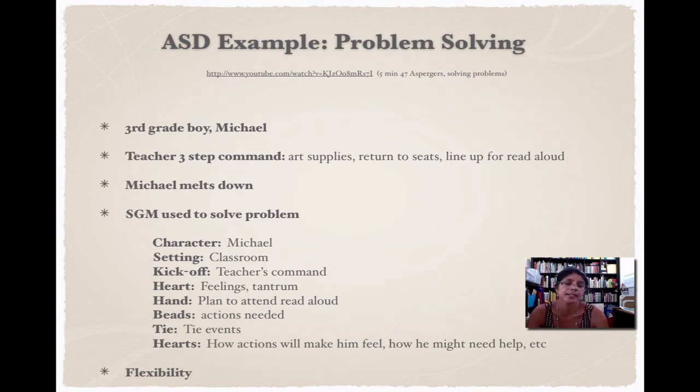So this is an example of how you can use this tool not only as an academic tool, say with someone who is typically developing, but also with someone who is on the autism spectrum. It shows another level of flexibility in using this tool. So go ahead and watch that video.